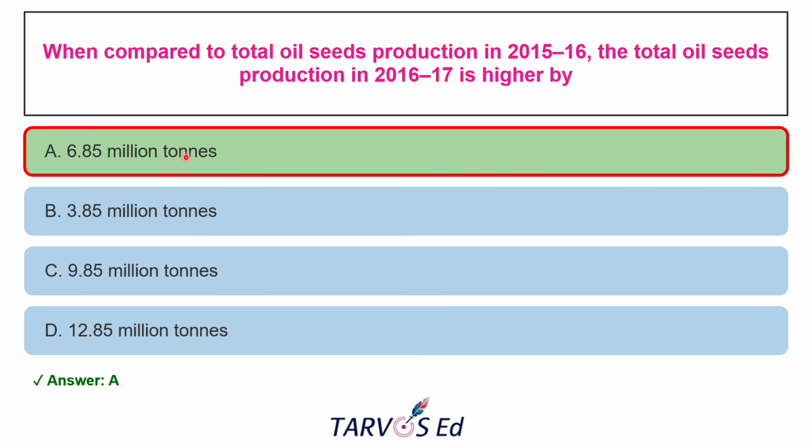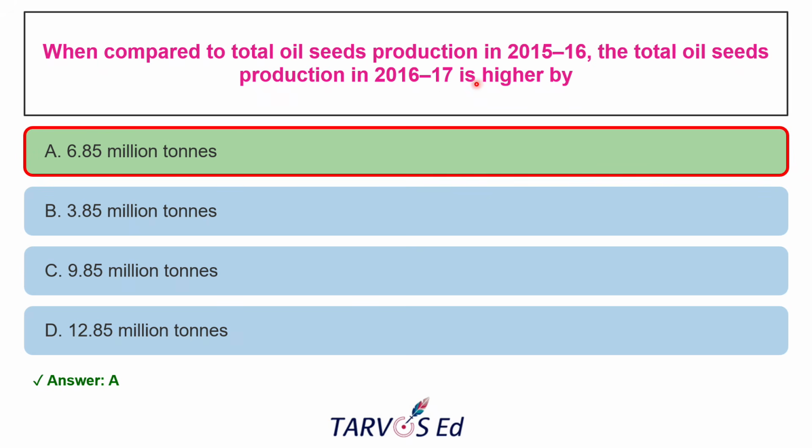Before studying this, you should know how much production was gained in the last year. As per the Ministry of Agriculture fourth advance estimate, total oilseed production in 2015-16 is 25.25 million tons, and the total oilseed production in 2016-17 is 32.10 million tons.